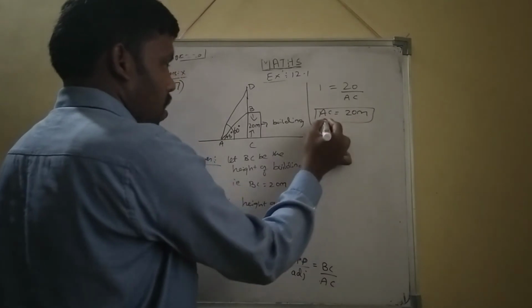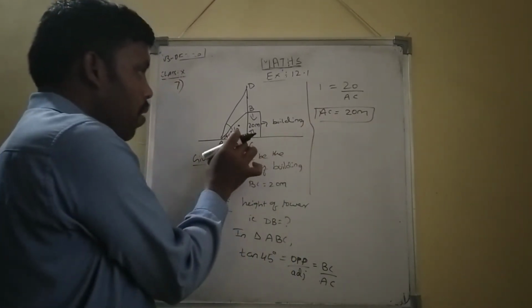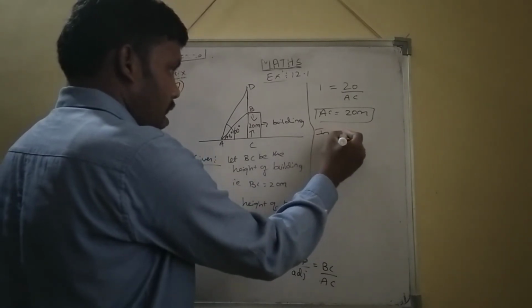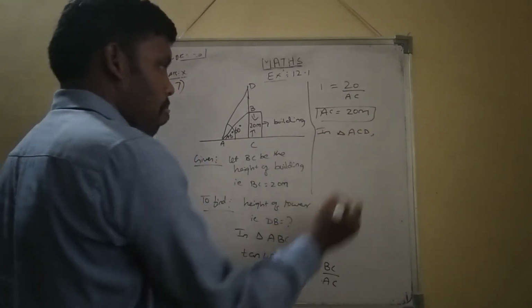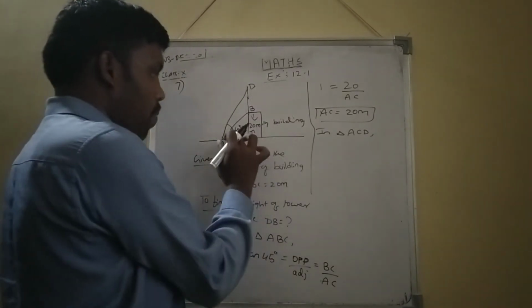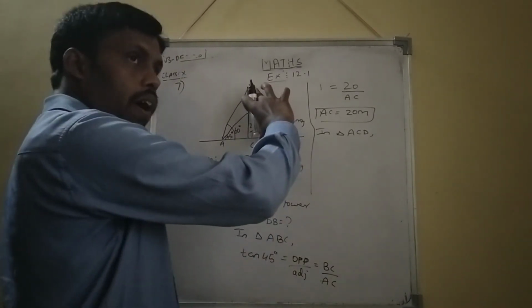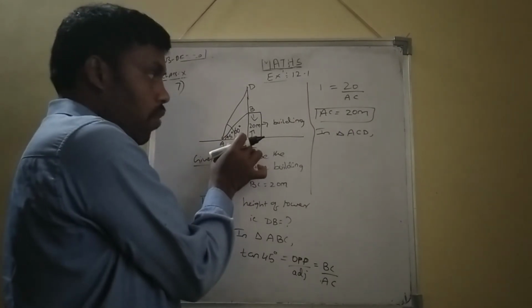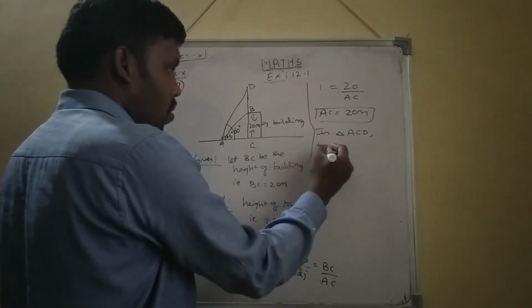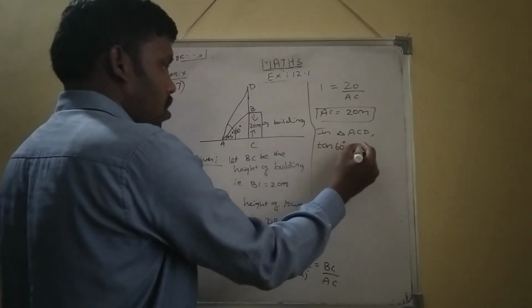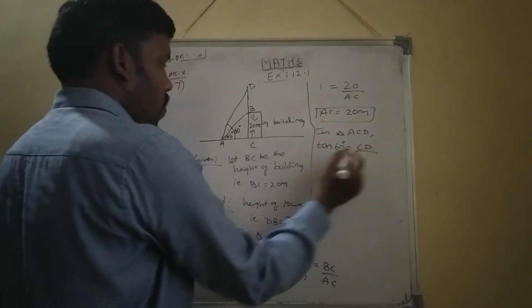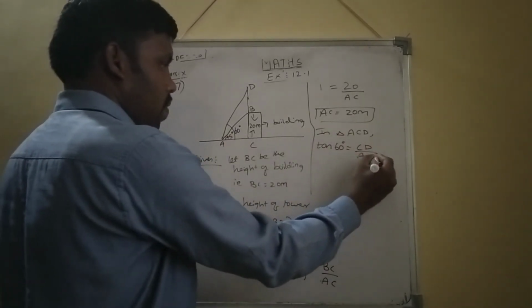So we got AC, and we can make use of it in triangle ACD. This is CD, we want to find the opposite. AC we know, that is the adjacent. So again it is tan. Tan 60 degrees is equal to opposite CD divided by adjacent AC.